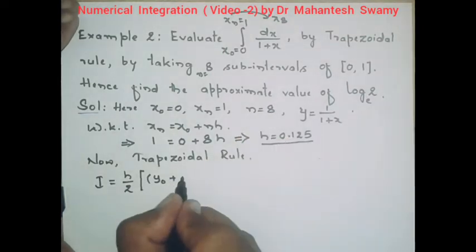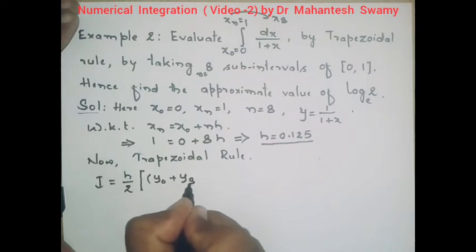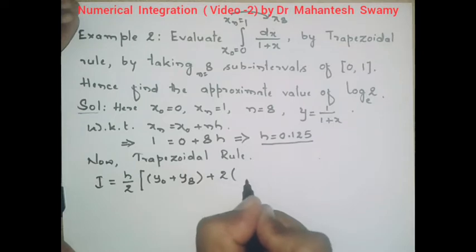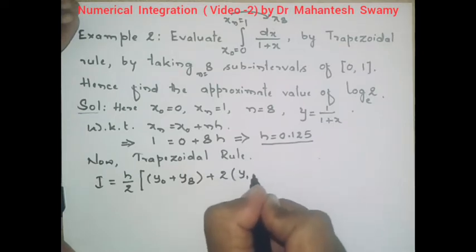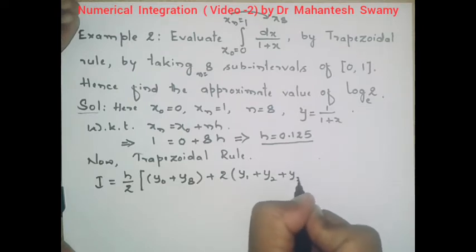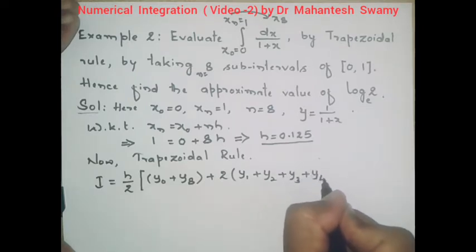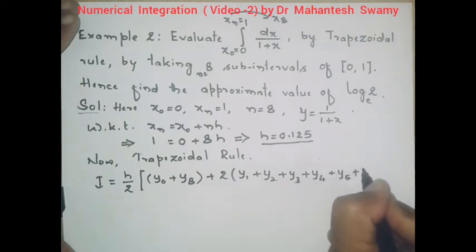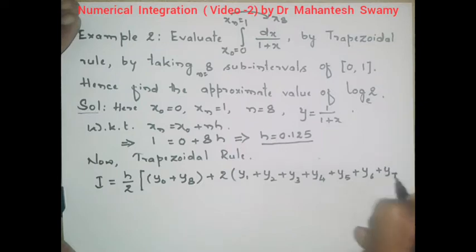N is 8 here, therefore it should be y8, plus 2 times all the intermediate values, that is y1 plus y2 plus y3 plus y4 plus y5 plus y6 plus y7. So this is the trapezoidal rule, a very simple formula. Let us take it as equation number 1.